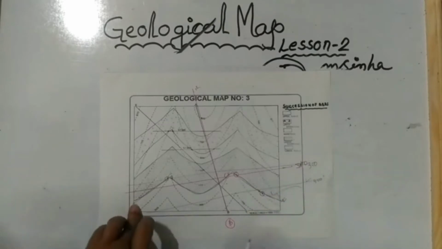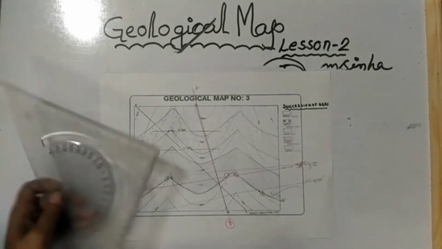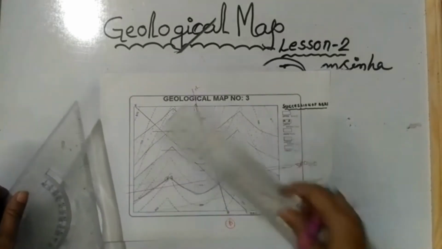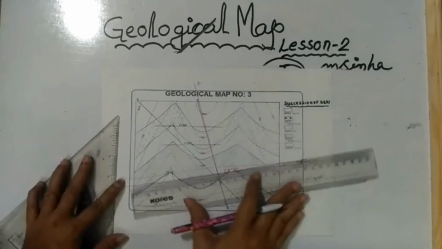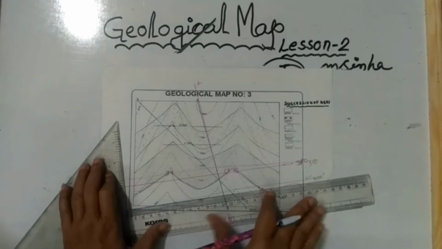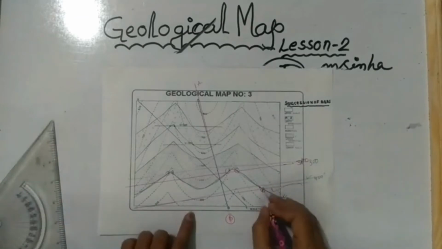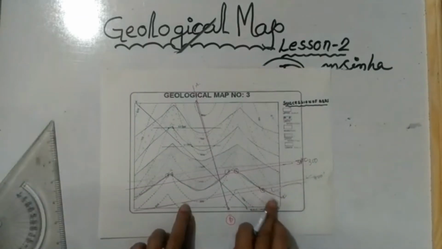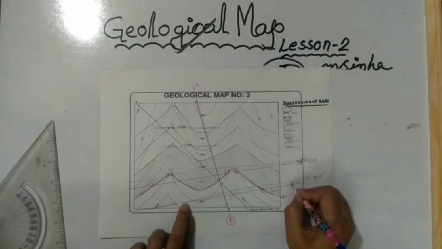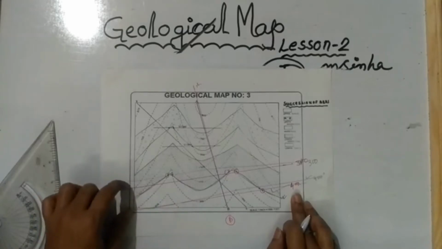At least you have to identify one point, and with the help of a set square, draw a line parallel to that line and put the value of that strike line. Suppose the value of the contour is 400 feet. So the value of the strike line is 400 feet. Okay, this is the basic principle to identify the strike line.